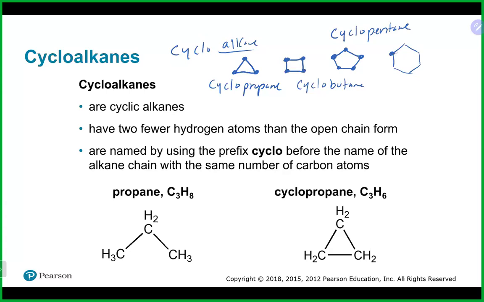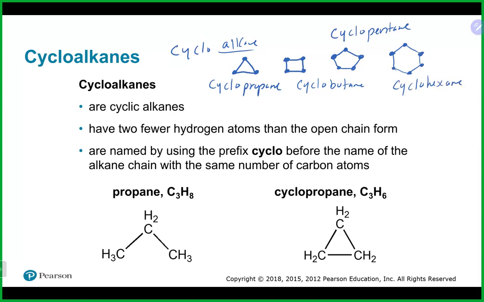And finally, over here, 1, 2, 3, 4, 5, and 6 carbons. 6 carbons is hexane, and that would give us cyclohexane.